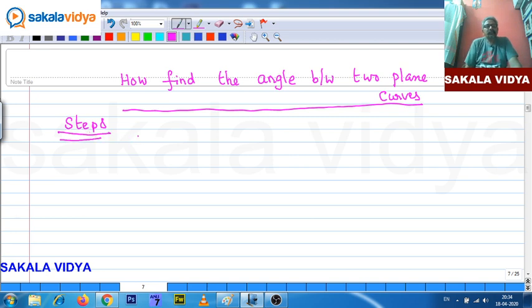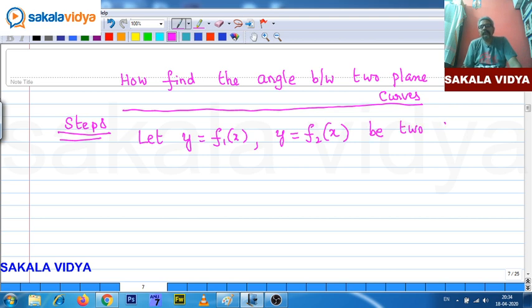So, let us say the two curves be y is equal to f1(x), y is equal to f2(x), be two curves. So, the step 1 we need to find out the point of intersection.